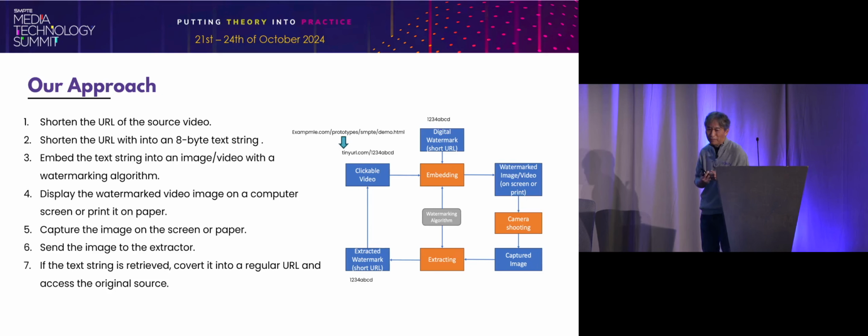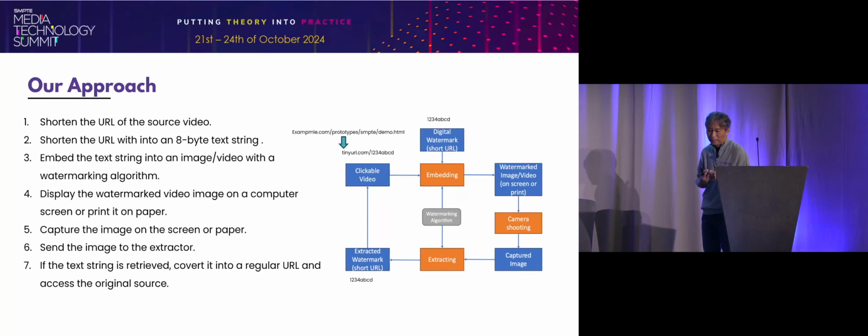And then we embed the string, which is only a few characters in this case, into a watermark. And we display the watermarked video image on a computer screen or television, or it can also be printed as a still image on paper or an outside billboard.